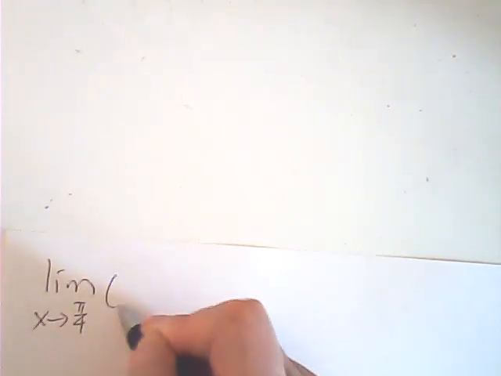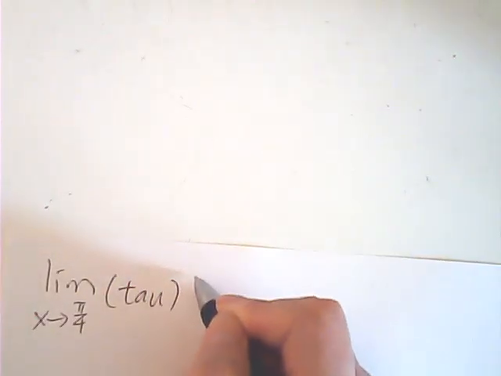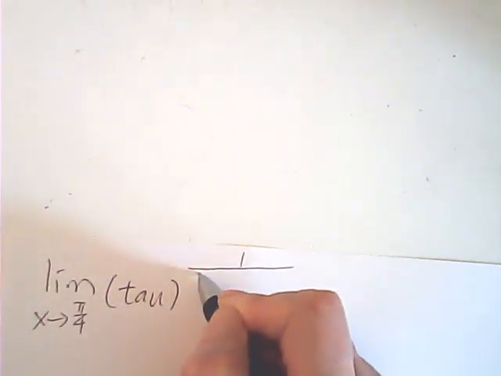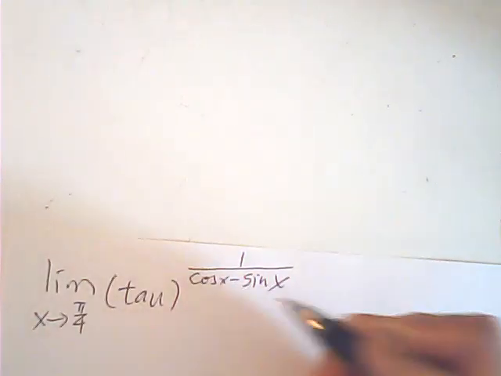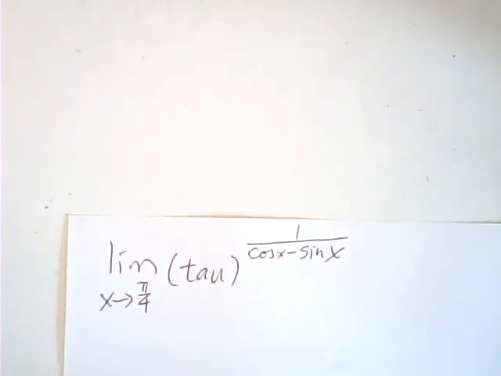Method 3. The limit as x goes to quarter pi of tangent to the power cosine minus sine. Okay, that is the limit we want to find.